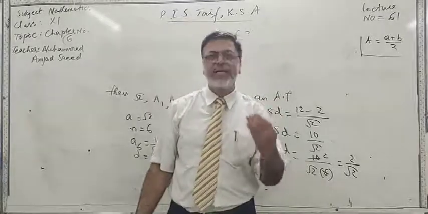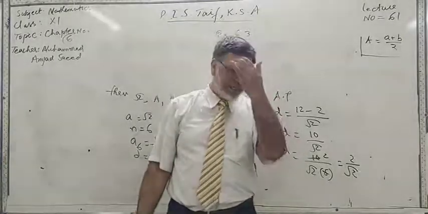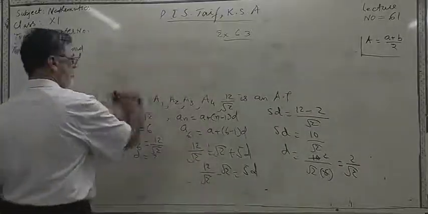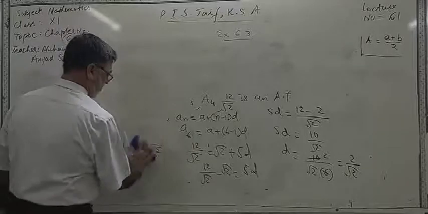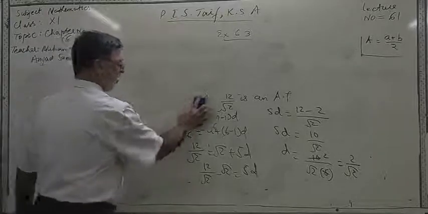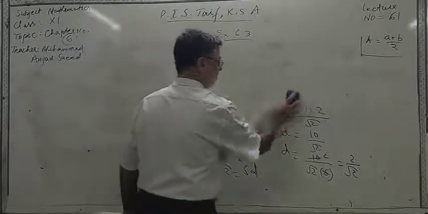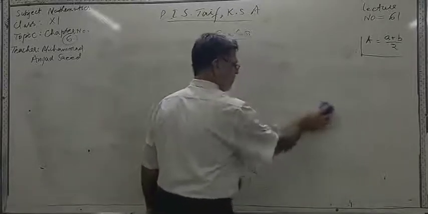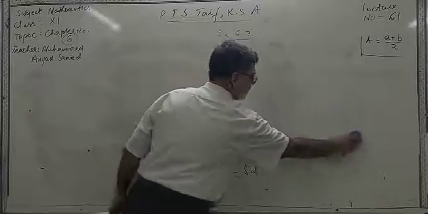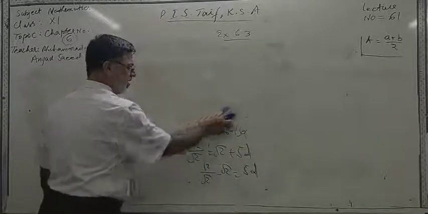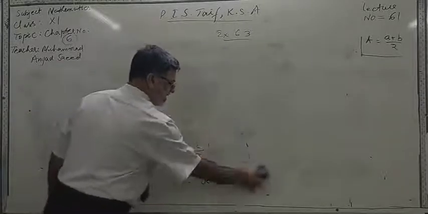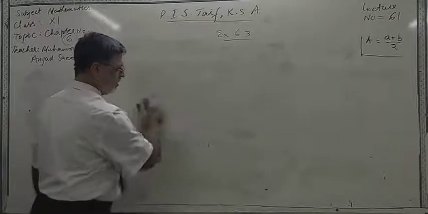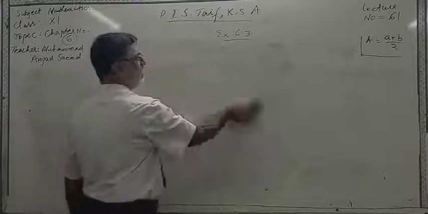So the same type of question is in all three topics: arithmetic mean, geometric mean and harmonic mean. We can use the definition of arithmetic mean and the definition of geometric mean to find the unknown value of n.